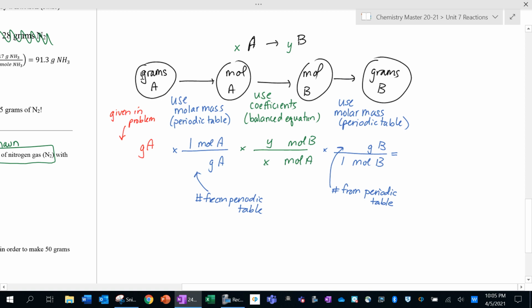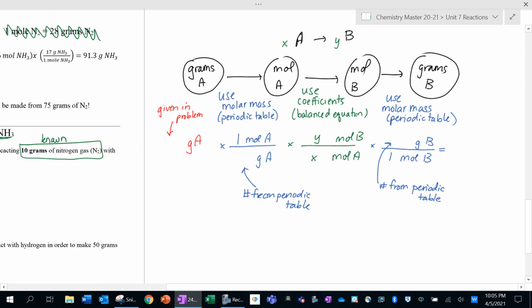We're starting with grams of nitrogen, and we want to find grams of ammonia. Step one is to convert grams nitrogen to moles nitrogen, using the molar mass on the periodic table. Then we take moles nitrogen and convert it to moles NH3 using the coefficients from the chemical equation. Once we know moles NH3, we can find grams NH3, again using the molar mass on the periodic table. All right, so those are our steps.